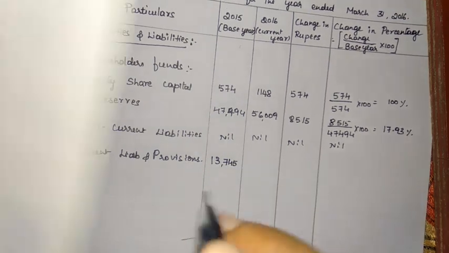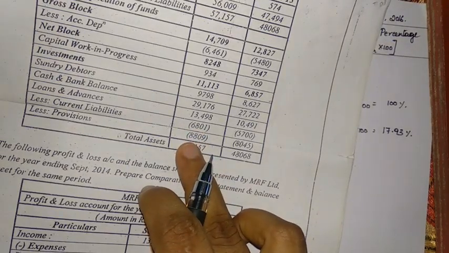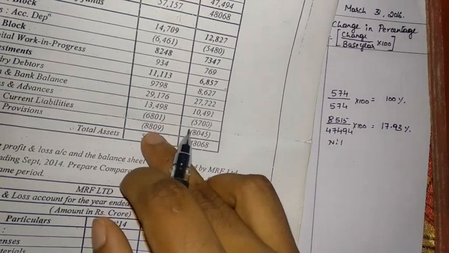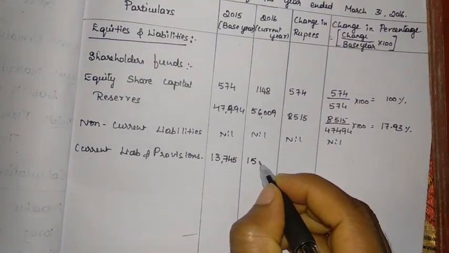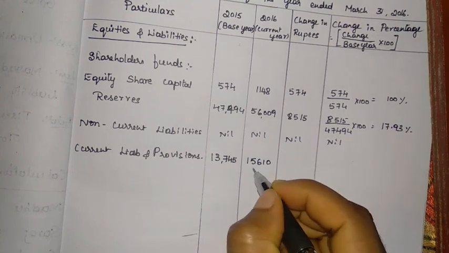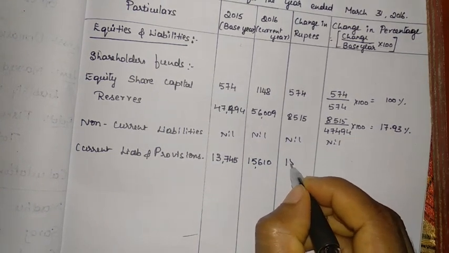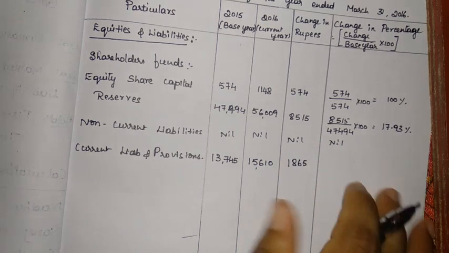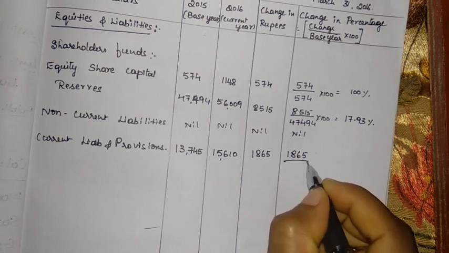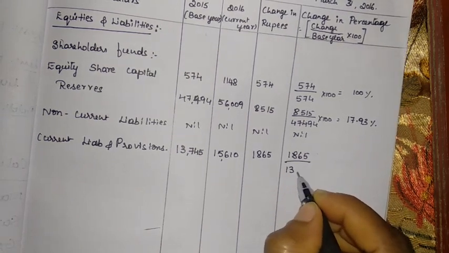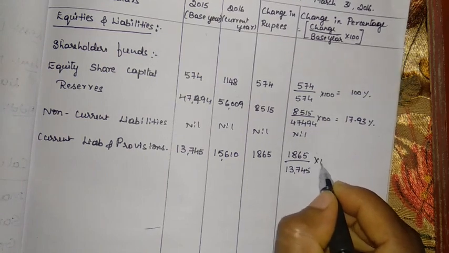And in the current year, 6,801 plus 8,809. So that is 15,610. So there is an increase by 1,865. So we'll calculate in percentage: 1,865 divided by base year value into 100.